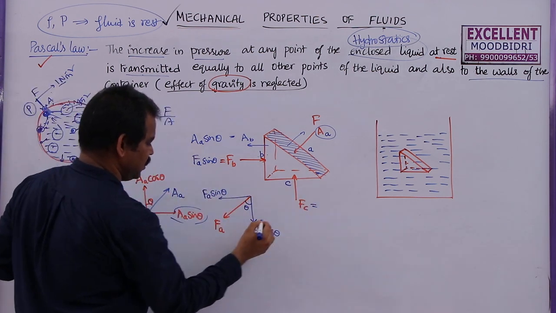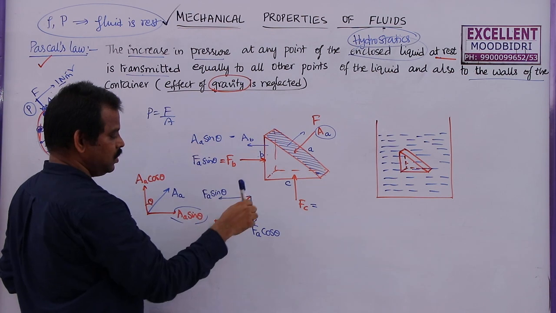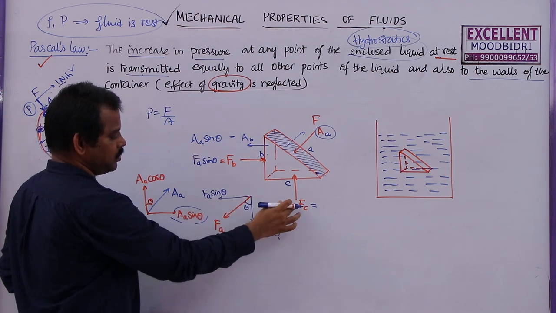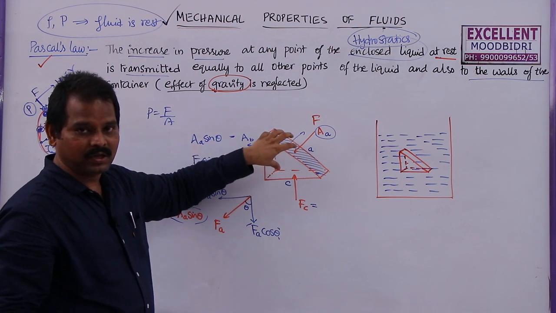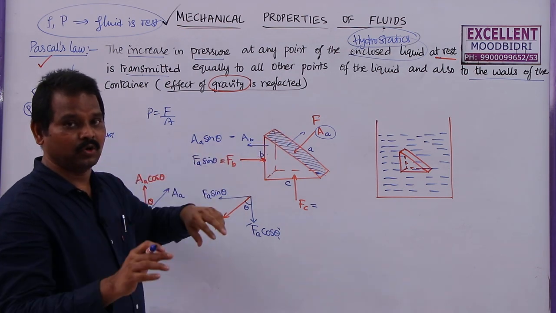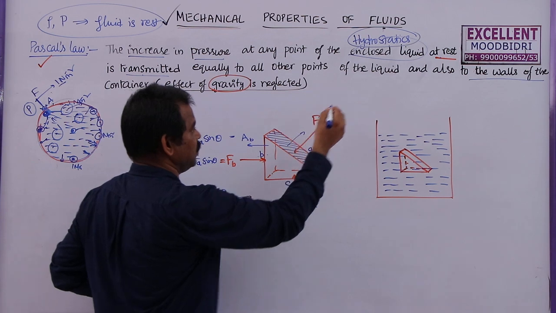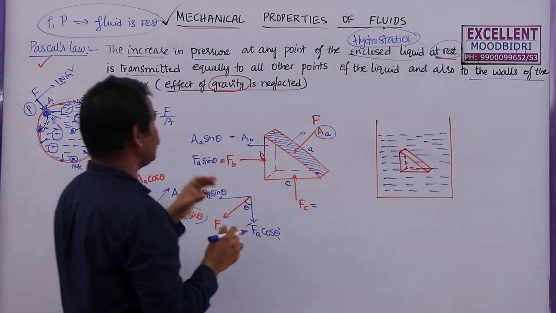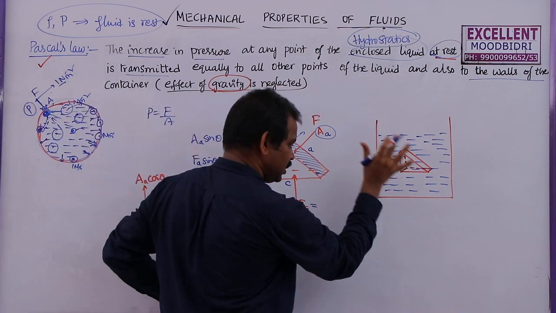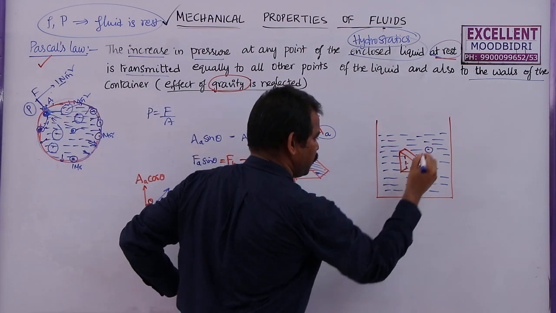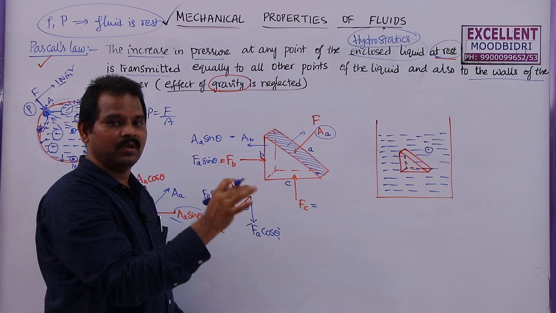Similarly, what is FC? FC is acting upwards, but what is the force acting downwards? These two are equal and opposite. As this liquid or this water is at rest, net force must be 0. So why am I taking this as at rest? Because Pascal's law can be applied only for liquids which are at rest. Here, when this liquid is at rest, if you take any point, each and every point will be in equilibrium.